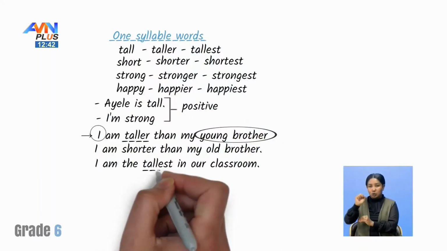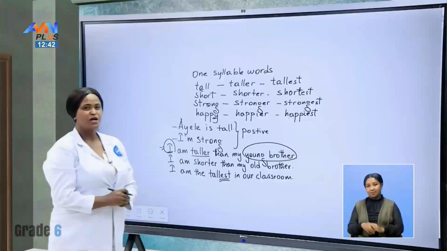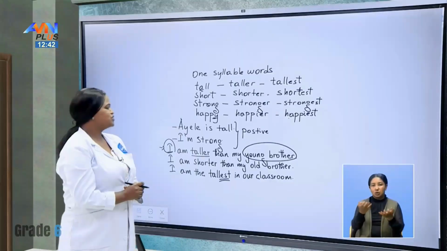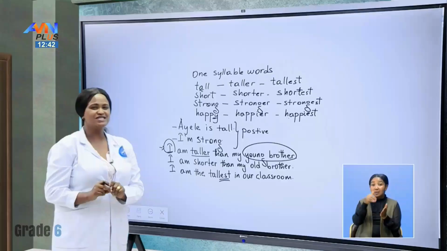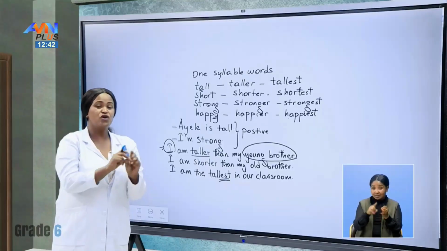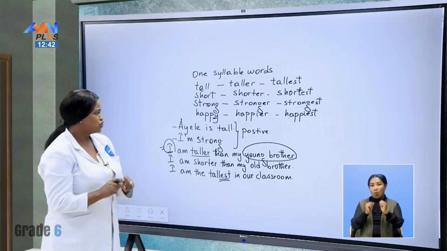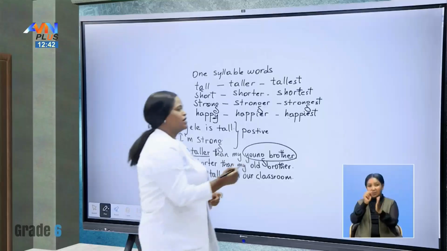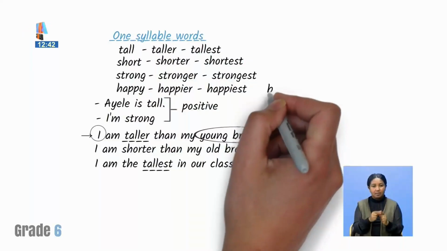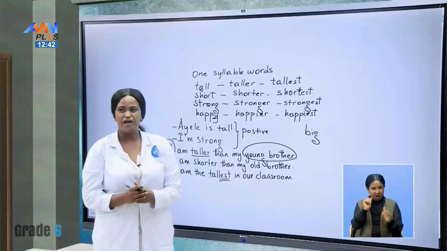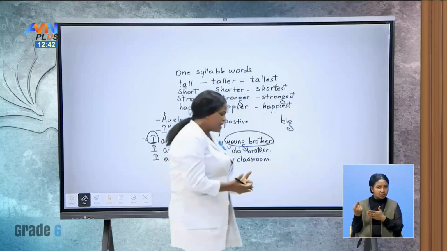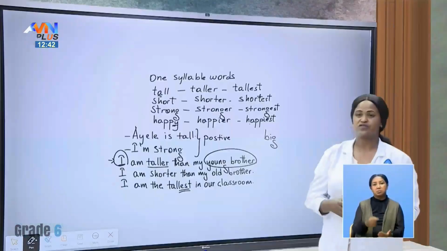The superlative degree. I also want to remind you there are some words that we double the last consonant before we make it comparative and superlative. For example, let me show you this word, big. I am sure you have learned how to compare this comparative degree and superlative degree starting from grade 5 or grade 4.